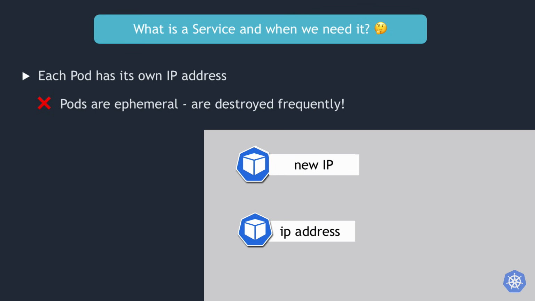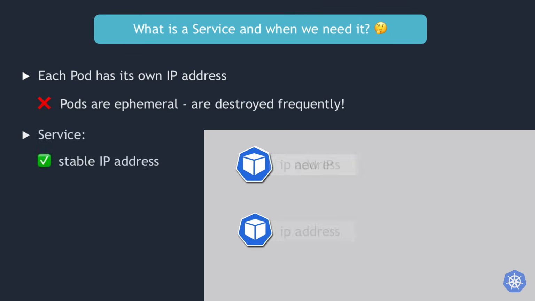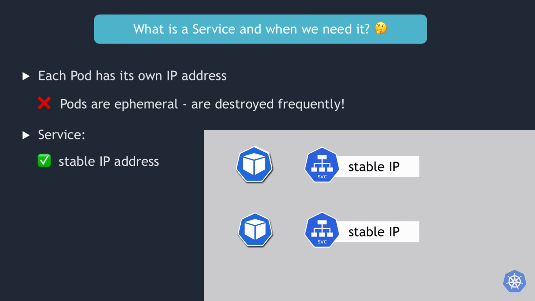With a service, however, you have a solution of a stable or static IP address that stays even when the pod dies. So basically, in front of each pod, we set a service, which represents a persistent, stable IP address to access that pod.